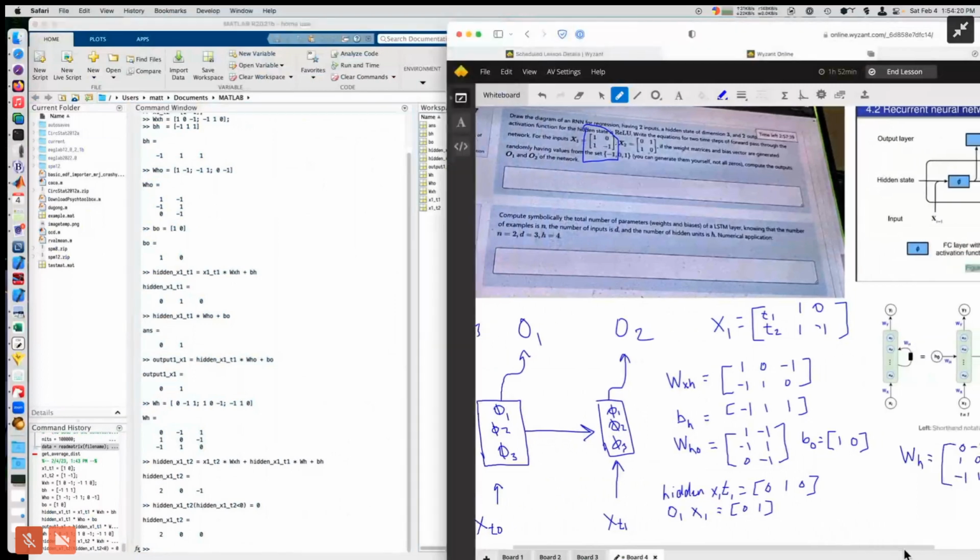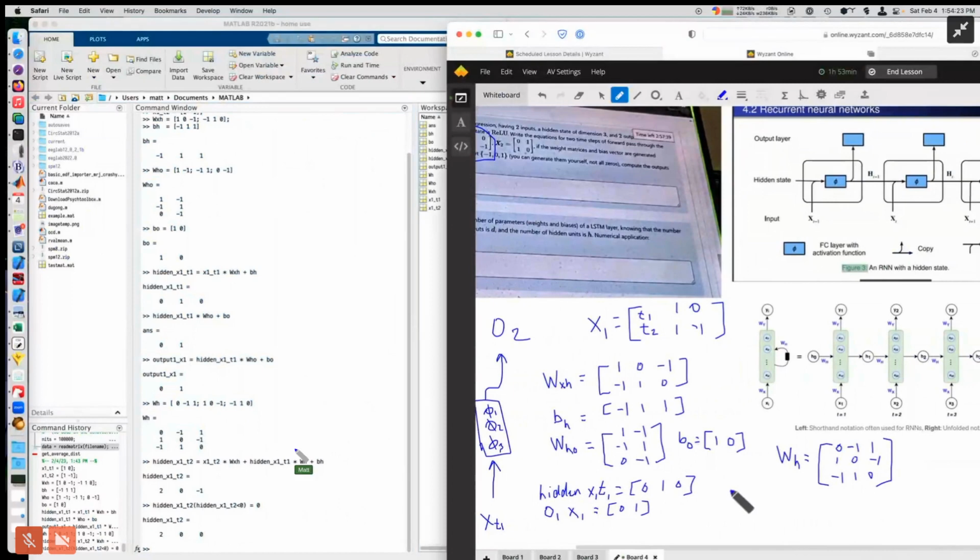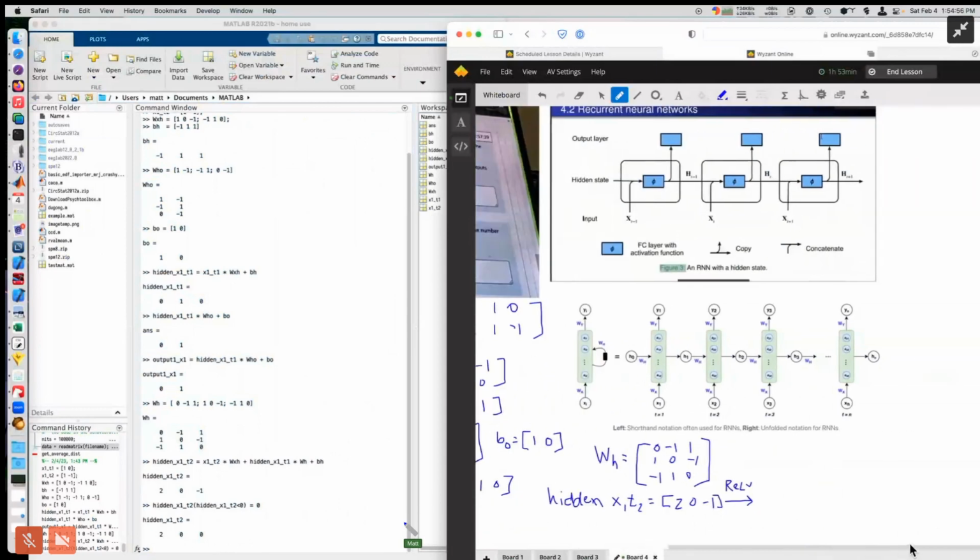That would give you hidden x1 at time 2, which starts as 2, 0, negative 1, but then becomes, by virtue of the ReLU, 2, 0, 0.